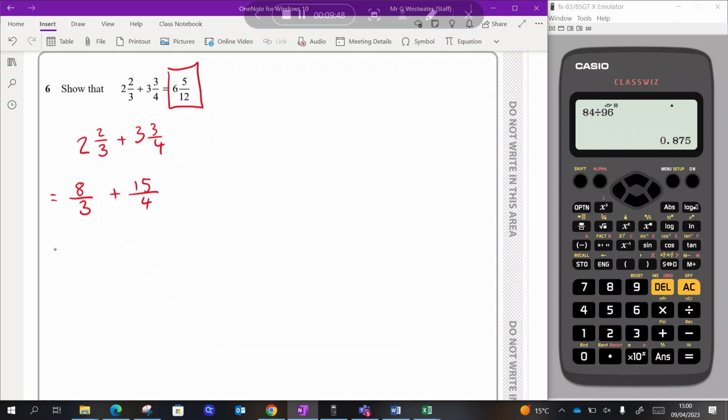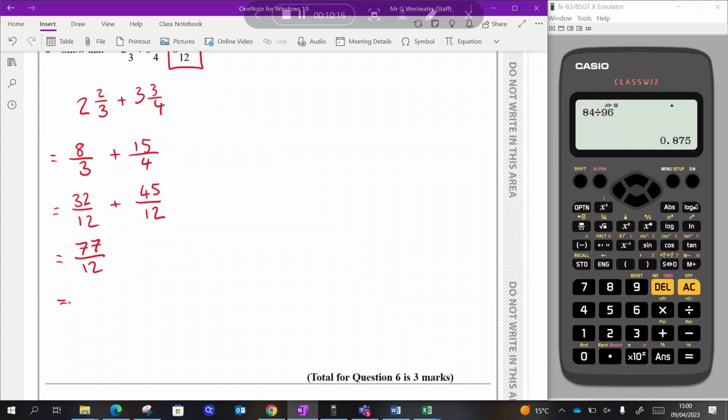Now they need to have a common denominator before I can add them together. So they're both going to be over 12. Now this fraction I've multiplied top and bottom by 4 to get the 12 on the bottom. So 32 will be my numerator here. And if I've multiplied this 4 to get 12, I must have multiplied it by 3. So here we must have 45. And when we add fractions, we keep the denominators the same, add the numerators for 77.